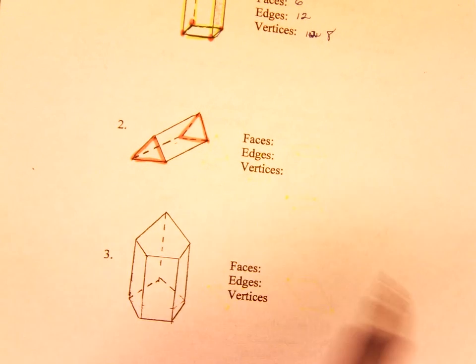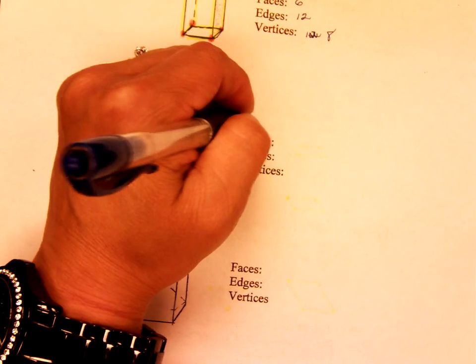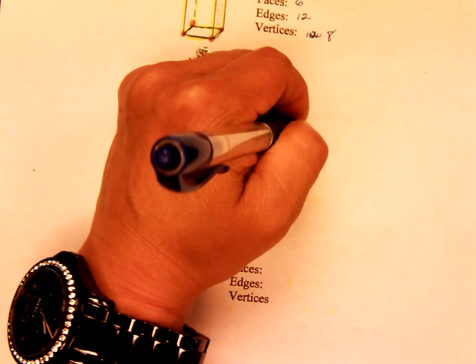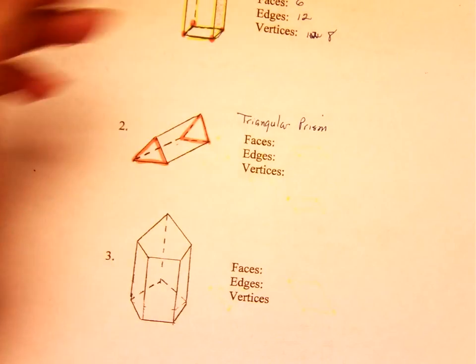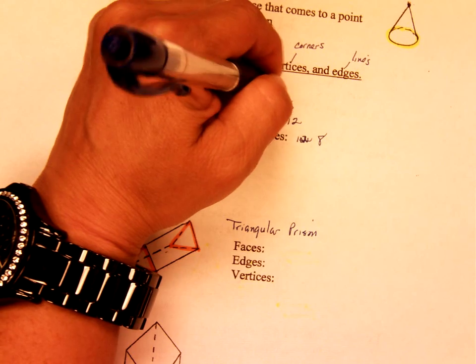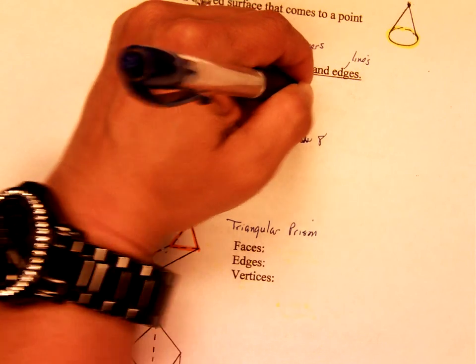So this would be a triangular prism. And at the top, this one would be a rectangular prism.